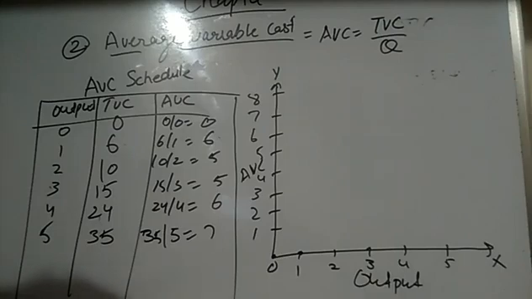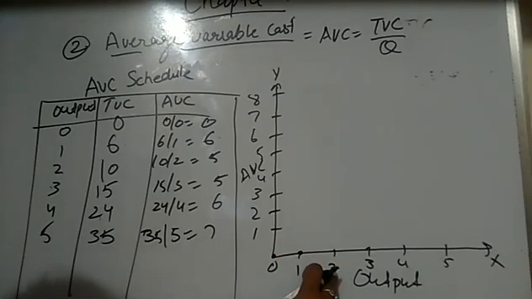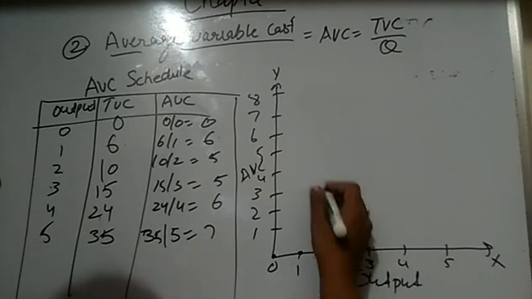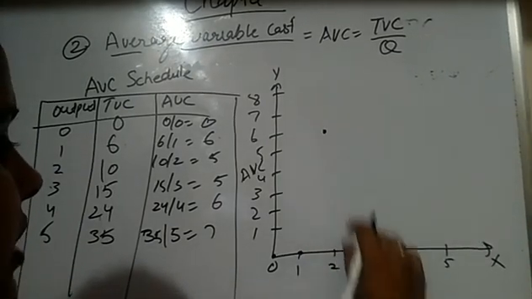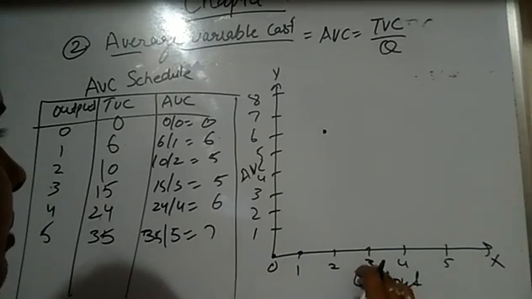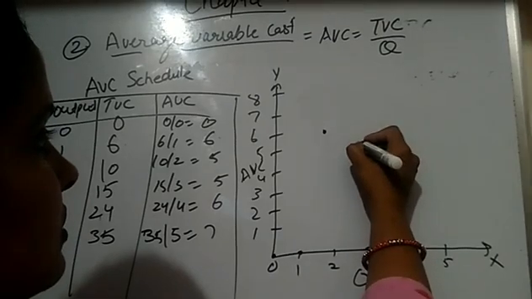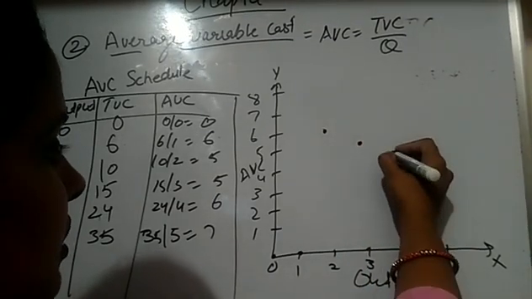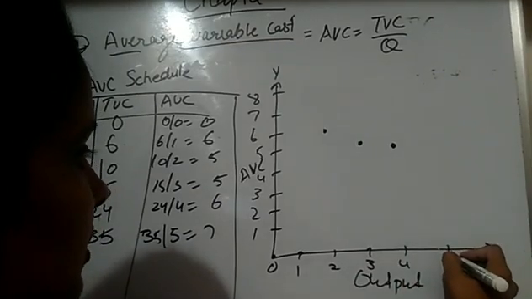So when output is 0, average cost is also 0. When output is 2, average variable cost is 6. When output is 3, average variable cost is 5. When output is 4, it is also 5.